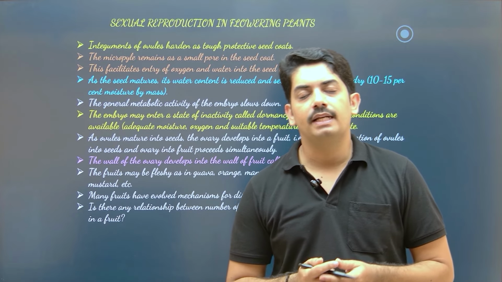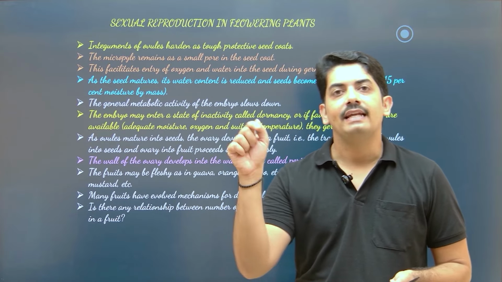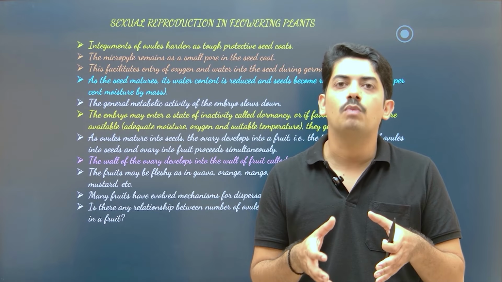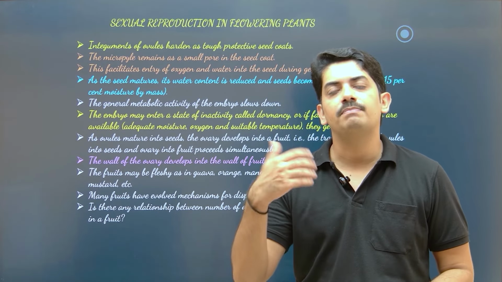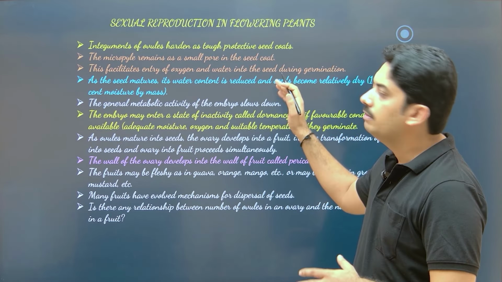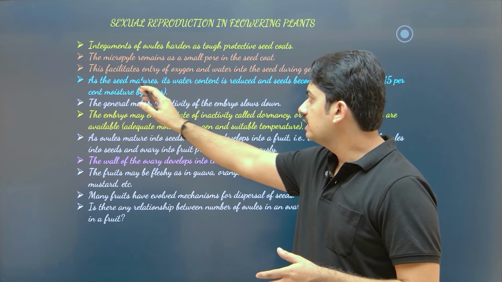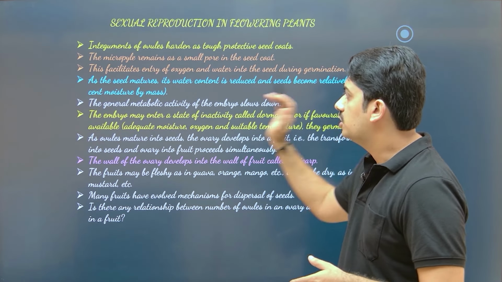Why is it present? If you soak the seed in water, water can enter through the micropylar region and it helps in imbibing the water, and the seed can swell, and this swelling helps them to germinate. So the micropylar region will be persistent even in the seeds. This facilitates the entry of oxygen and water into the seed during germination.